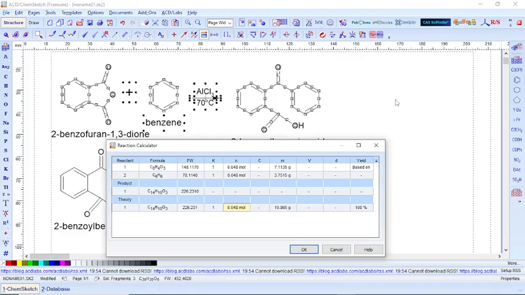That is the one approach. Since we have gotten the mass, we'll convert the mass to volume by using the equation for density. Density is mass over volume, so we can look for the density of benzene. But you see, all those calculations are a waste of time. We can easily do them with our reaction calculator.